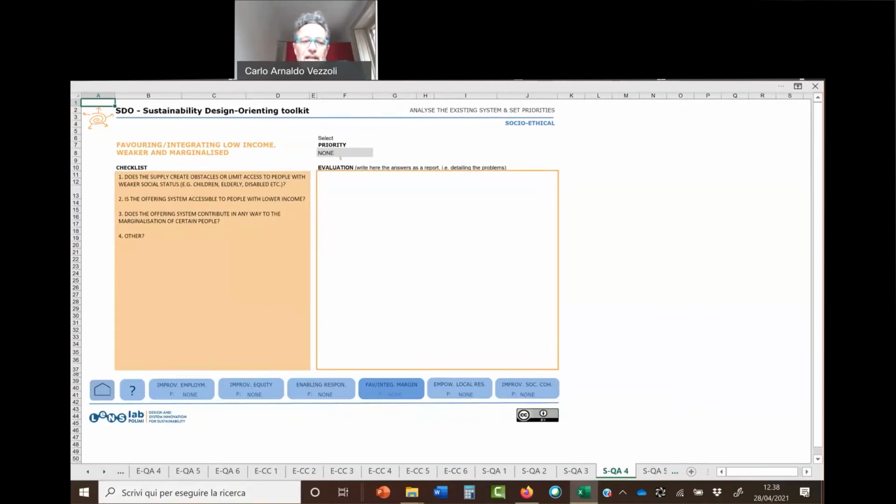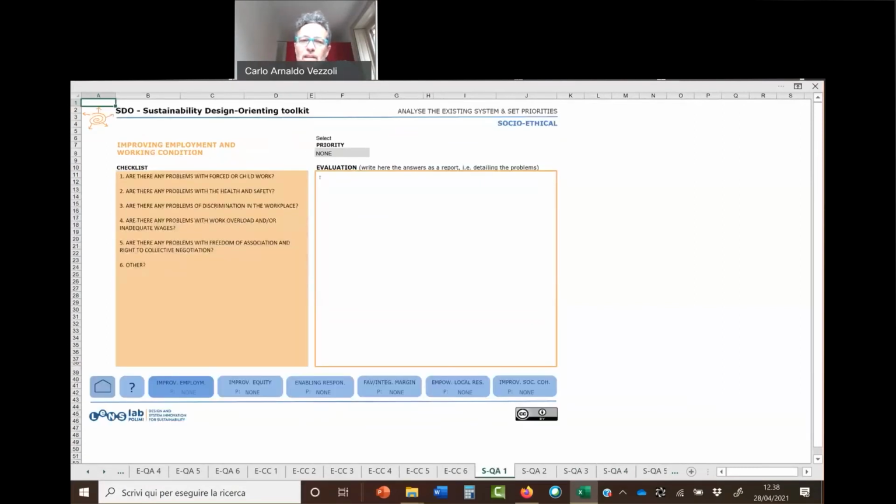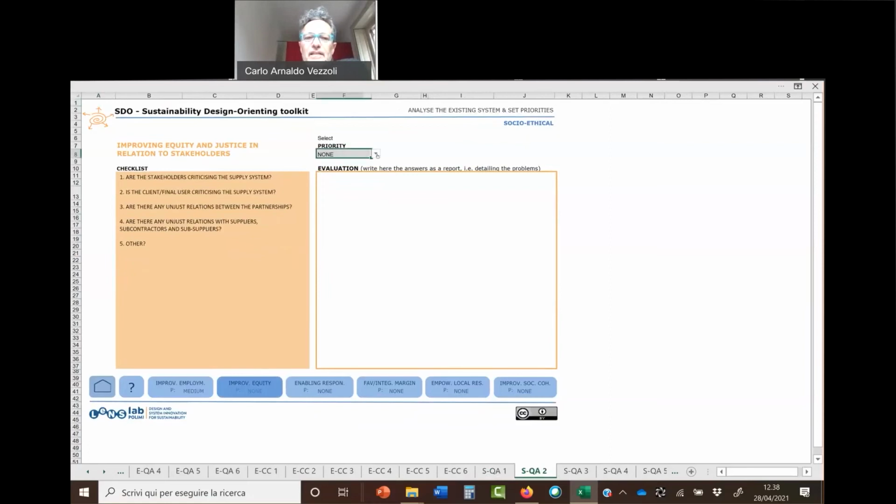And even here, as for the other, when you make a report supported by the checklist, you can identify the level of priority. For example, this is a big problem in relation to our system.